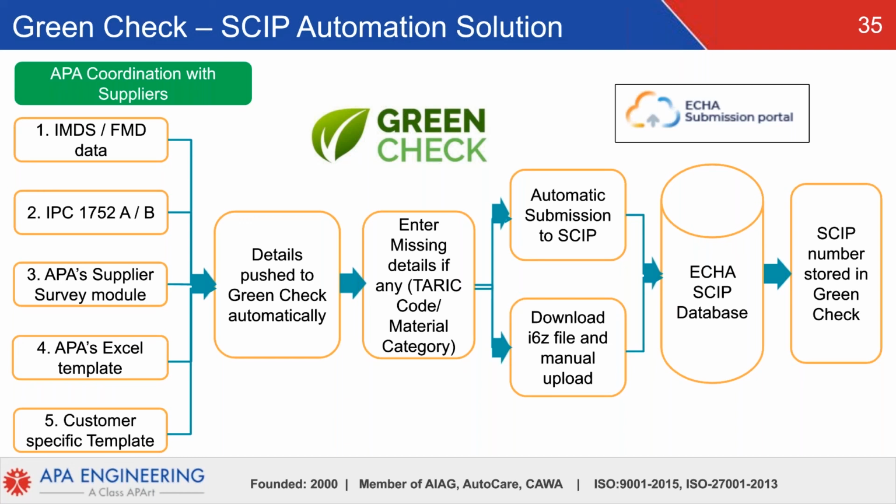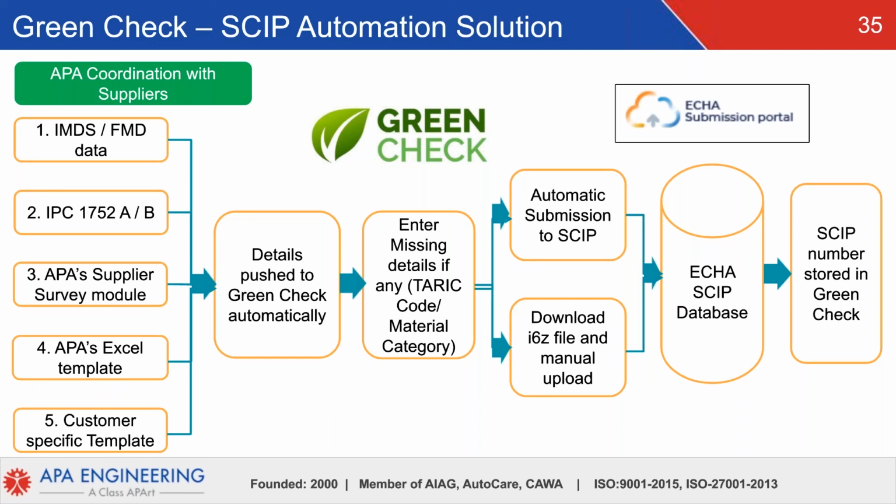Once the data is pushed to GreenCheck, one can enter any missing info, for example a tariff code or material category. We can add it if required. For European suppliers, or wherever they have an obligation to submit the SCIP dossiers, they can submit the dossier directly to SCIP.